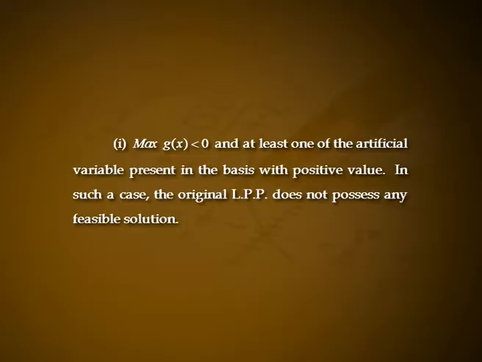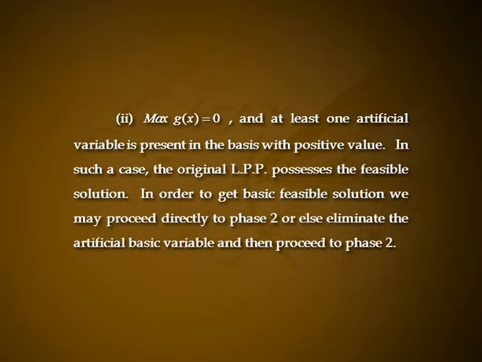Step 3. Apply simplex algorithm to the auxiliary LPP. Finally, the following cases may arise: Maximum g(x) less than 0 and at least one of the artificial variable present in the basis with positive value. In such a case, the original LPP does not possess any feasible solution. Maximum g(x) equal to 0 and at least one artificial variable is present in the basis with zero value. In such a case, the original LPP possesses the feasible solution.